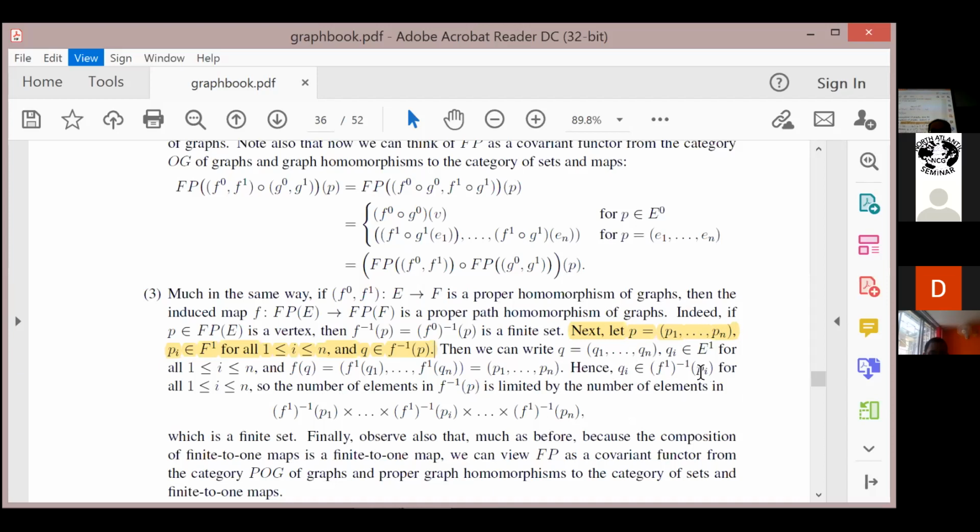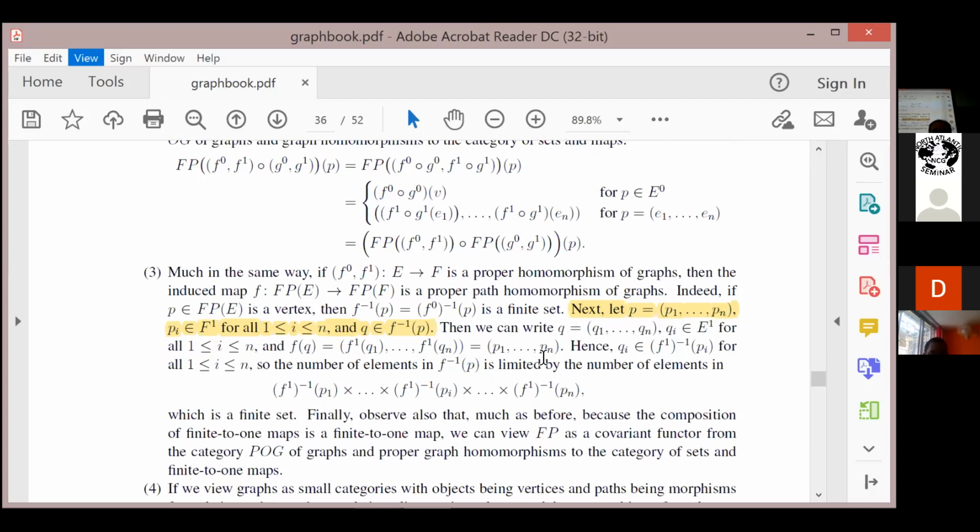If you have any path which is in the preimage of P, then it must be composed out of edges, so that each edge is in the preimage under F1 of the respective Pi. And because the Pi's are fixed, this number is fixed, and this is the estimate which proves that the preimage of P under F is a finite set.